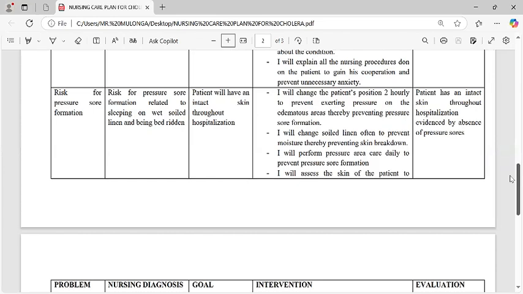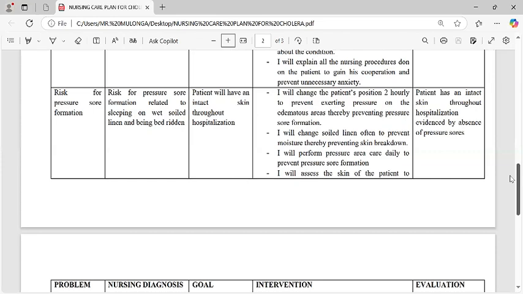Imagine you are sleeping on wet linen for 3 days. You will develop pressure sores, or the skin will develop some irritation. And remember, we said for potential problems, you only have the problem itself and the related to. Remember, related to is the cause of your problem.